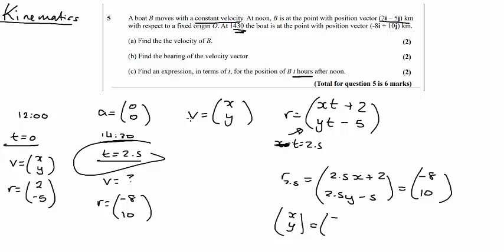Let me not be stupid about this. -10 divided by 2.5, yeah, -4. If I do that one, 15 divided by 2.5, 6. Good. So I've got this one done. It's -4, 6, which means I should definitely update this.